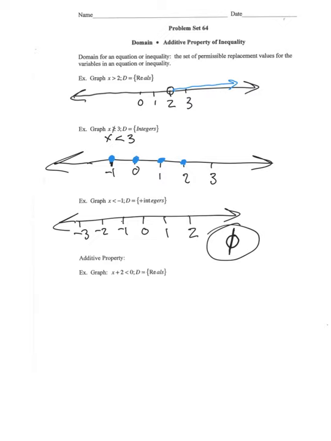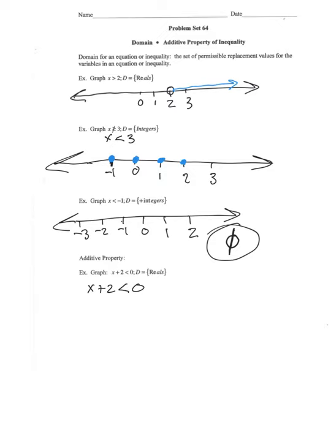All right, so this is a very similar type of question. The only problem with this one is that it very inconveniently has not been solved for x. So what we've got right now is x plus 2 is less than 0. So just like with equations, a really handy thing about inequalities is that we can solve them using something called the additive property.